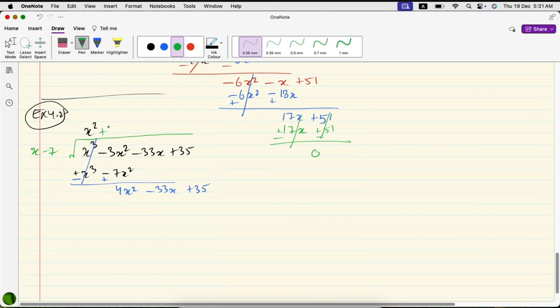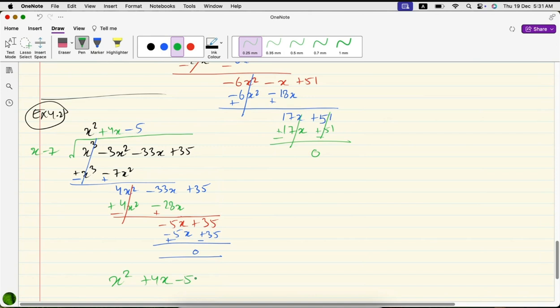I'm getting 4x first, and 7 times 4 is 28. Change the signs, that is minus 5x plus 35. To get minus 5x, we multiply with minus 5 and plus 35. Change the signs, and that's 0. So the answer is x squared plus 4x minus 5.